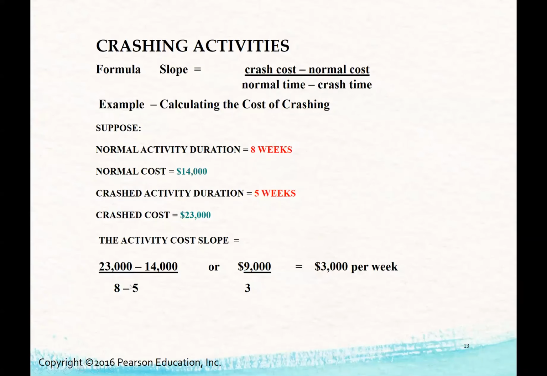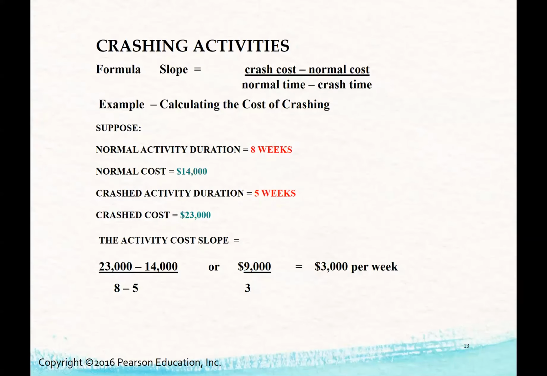In this case, it is per week. So it's just the 23,000 minus 14,000 divided by 8 minus 5, 9,000 divided by 3, which is $3,000 per week. So again, you're just plugging these numbers into the formula and figuring out that if you were to crash this activity, it would cost $3,000 per week.